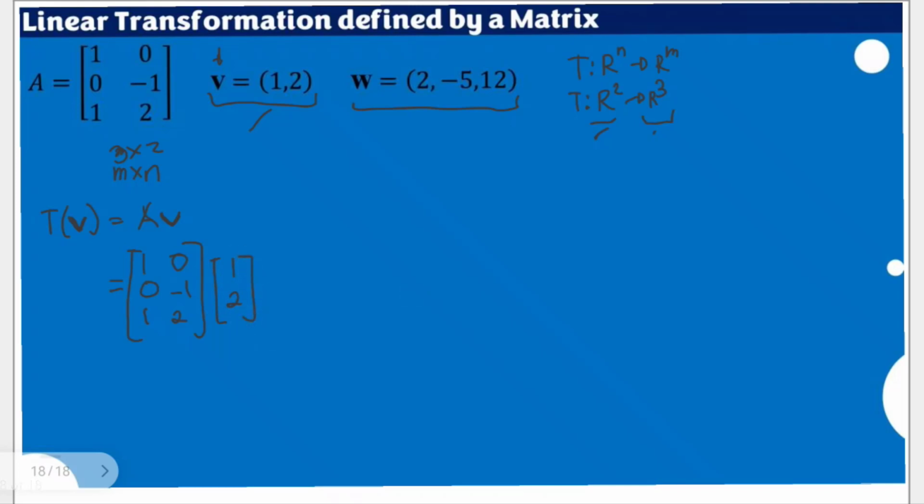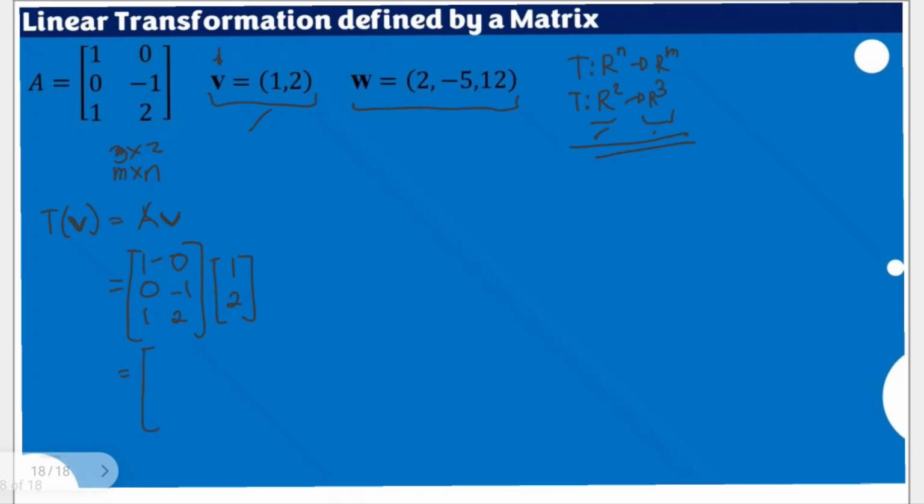Another way to check whether this is correct is by looking at the product: a 3 by 2 matrix times a 2 by 1 is defined. But if you used W, that would be 3 by 2 times 3 by 1, which is not defined. So this is really correct.